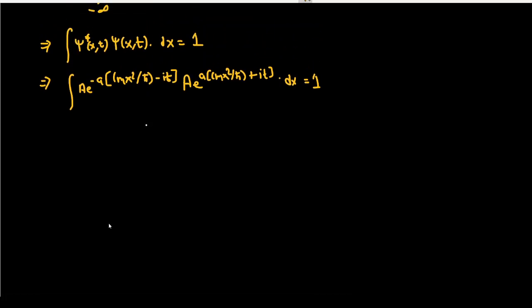So let's simplify this equation. The integral of A e to the power of negative a m x squared divided by h cut, times A e to the power of plus a iota t.